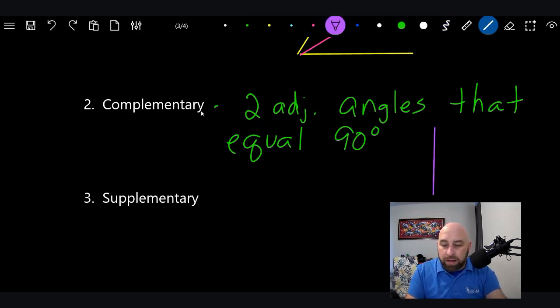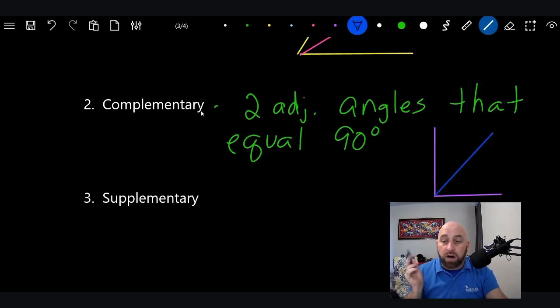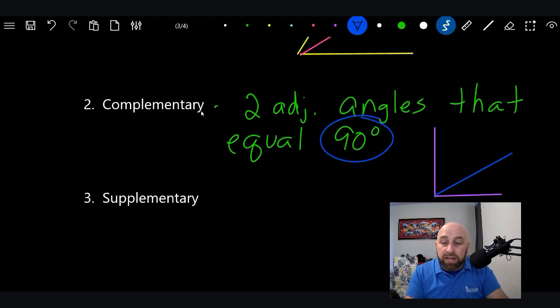If I have my angle, my right angle, my 90 degree, and then I have an adjacent side somewhere in that 90 degree, wherever I want to put it. I could put it there, I could put it here. Doesn't matter where it goes. That is called complementary. Why? Because they add up to 90 degrees. In other words, those two together, when I put them together, equals 90 degrees.